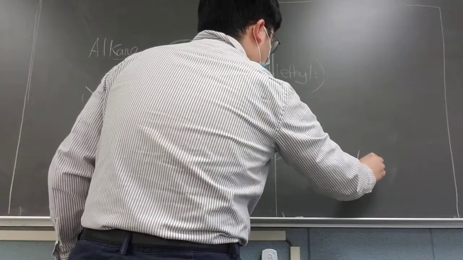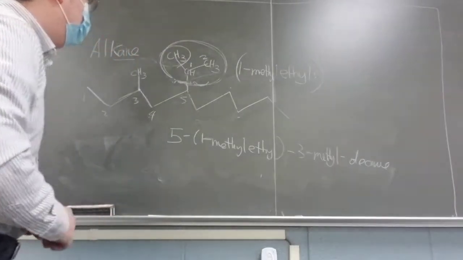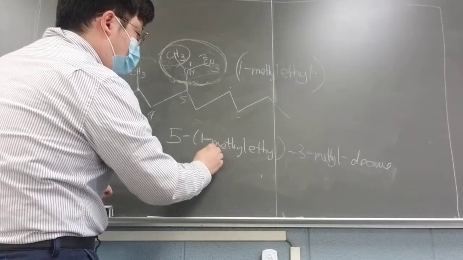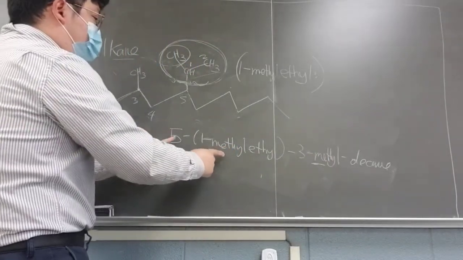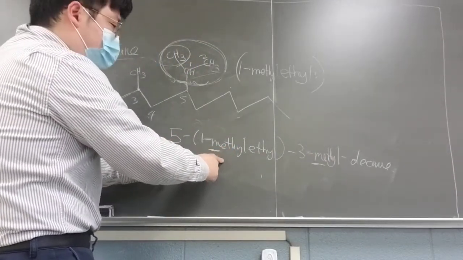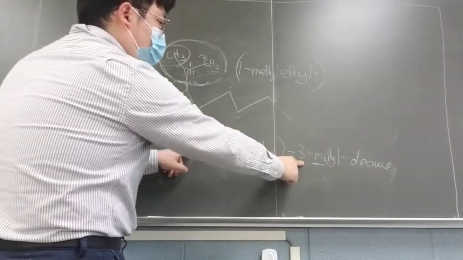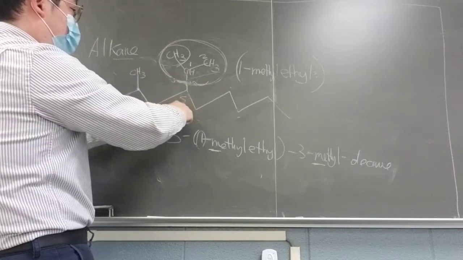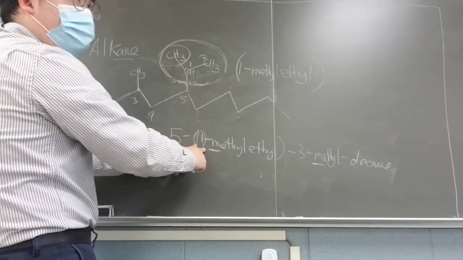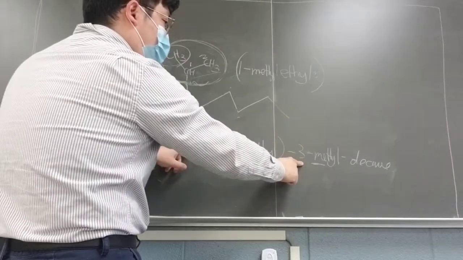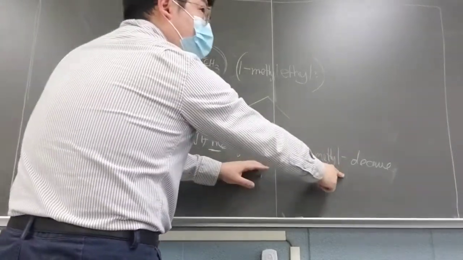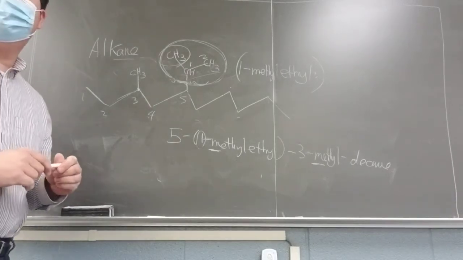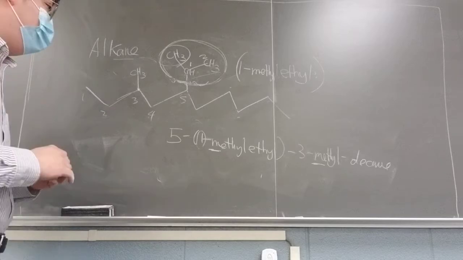I'm thinking. Okay, so we still count them as M, but I put this one first because it has a lower locus than 3. So even though this whole thing has a locus number 5, the one in here is still lower than 3. So we put this one first. Okay. Does it make sense? Somehow? Okay, let's check.